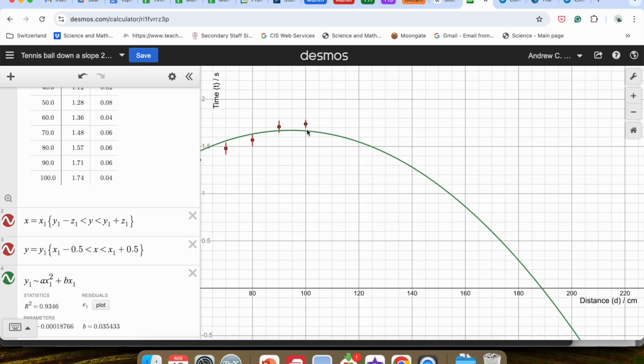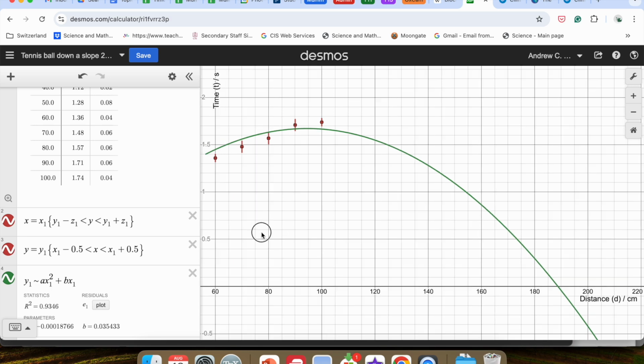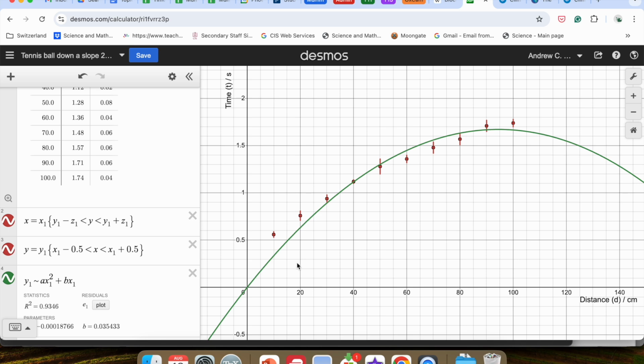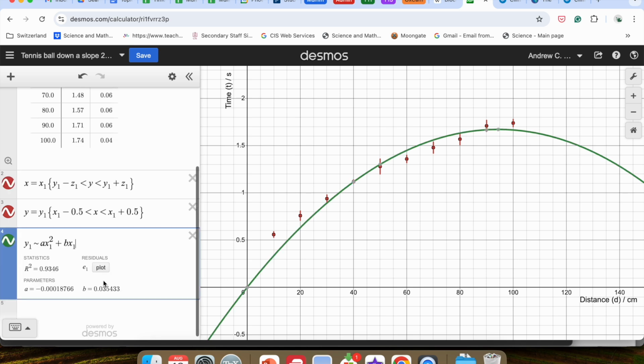It means if we extrapolate to longer distances, then it doesn't make sense that it should take 0 seconds for our tennis ball to roll down 190 centimeters. That doesn't make sense at all. So overall a quadratic model also doesn't seem like a good model to use.